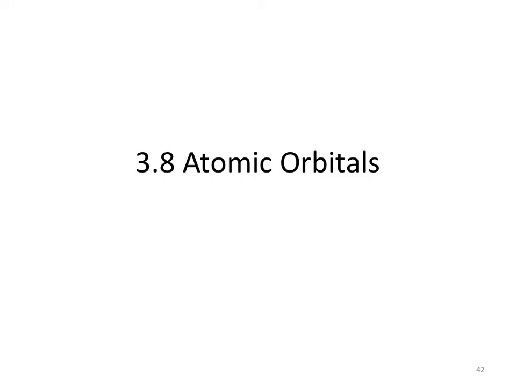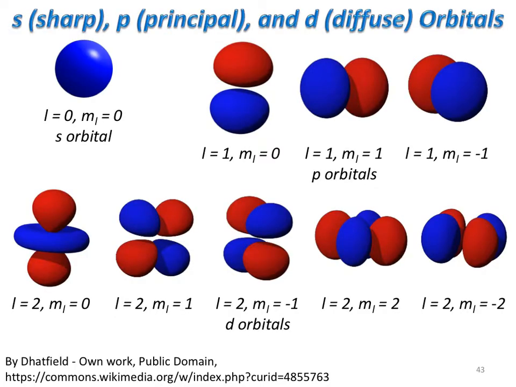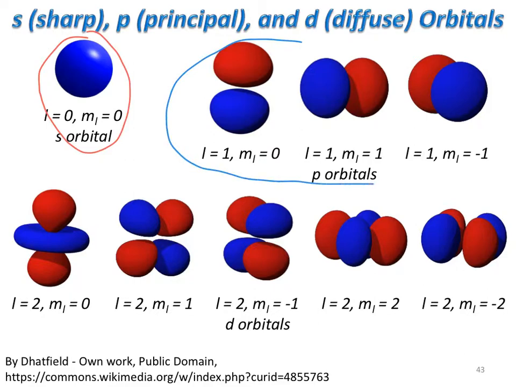Well, let's take a look at these atomic orbitals. First of all, here are the s orbitals. S orbitals are spherical in shape, and there's only one type of s orbital. For p orbitals, because m sub l can have 3 different values, there are 3 different p orbitals.